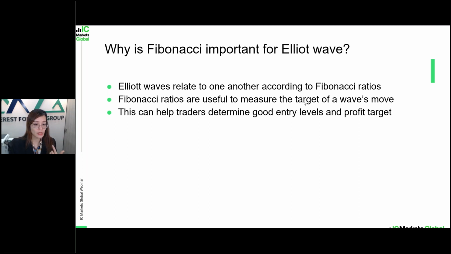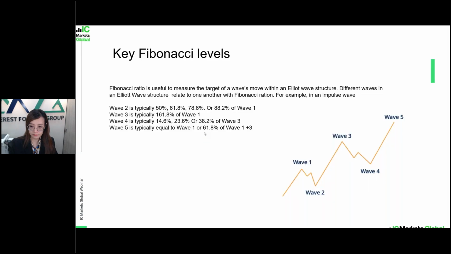They can help you predict where the next move is going to end. I will show you later as well. This can help the trader determine a good entry level and a profit target. If you use Elliott wave to trade, it can help you predict the profit target and how it looks.